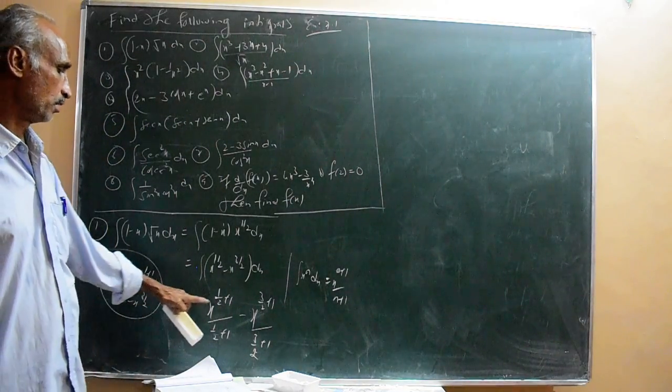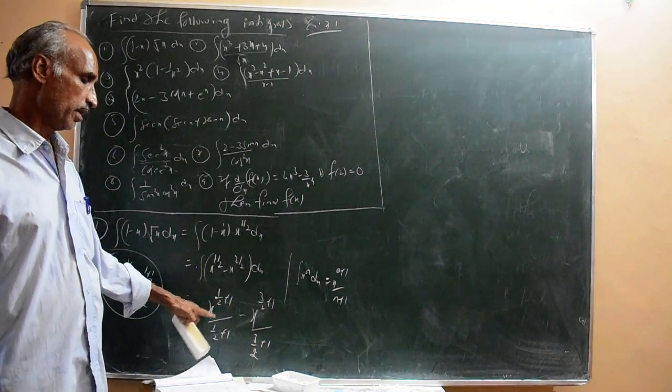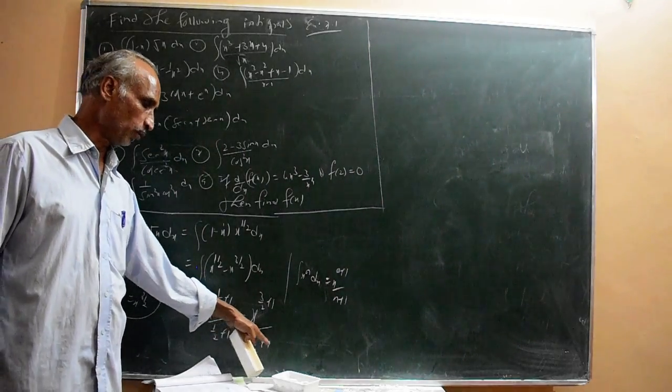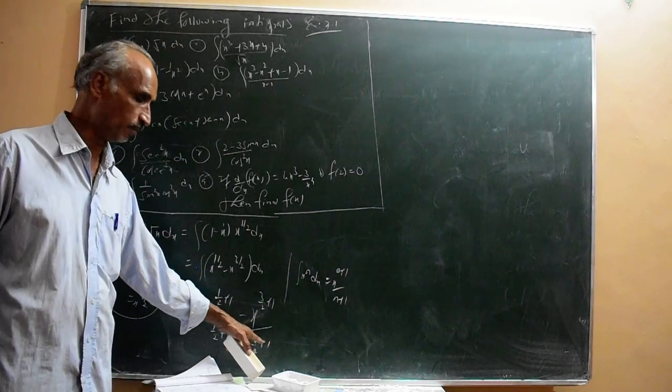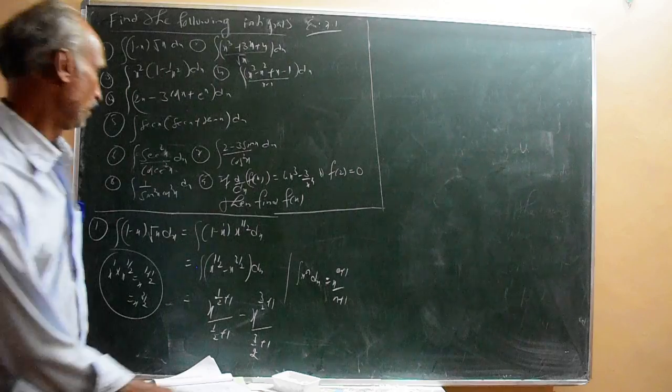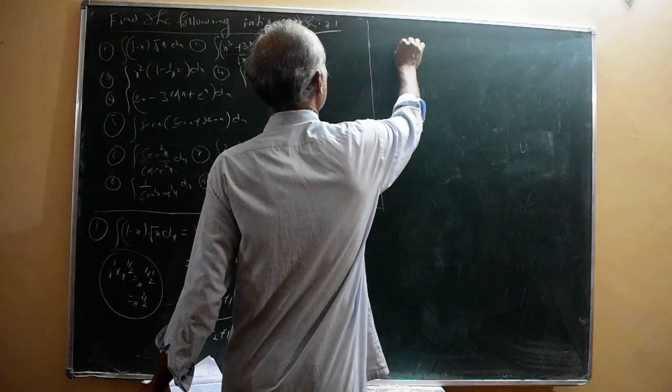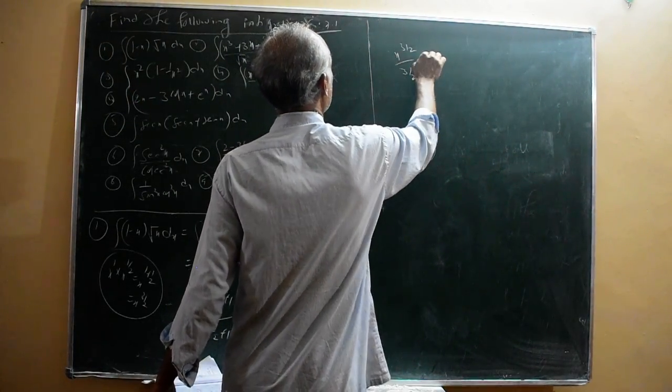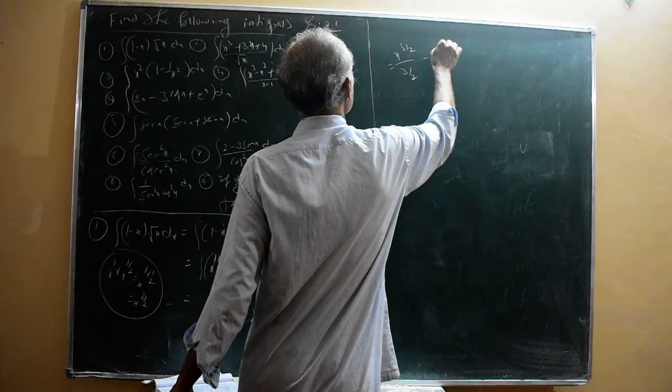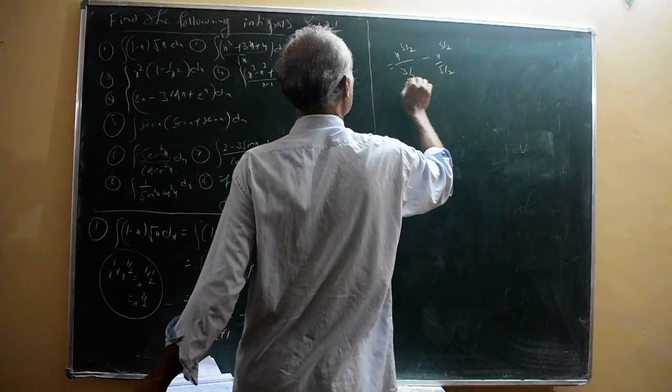Here n is half, so half plus 1 upon half plus 1. Half plus 1 is 3 by 2. 3 by 2 plus 1 is 3 plus 2, LCM, 5 by 2. Therefore, it is equal to x raised to 3 by 2 upon 3 by 2 minus x raised to 5 by 2 upon 5 by 2.